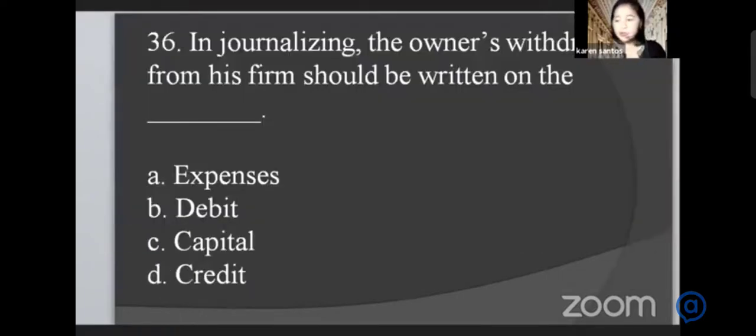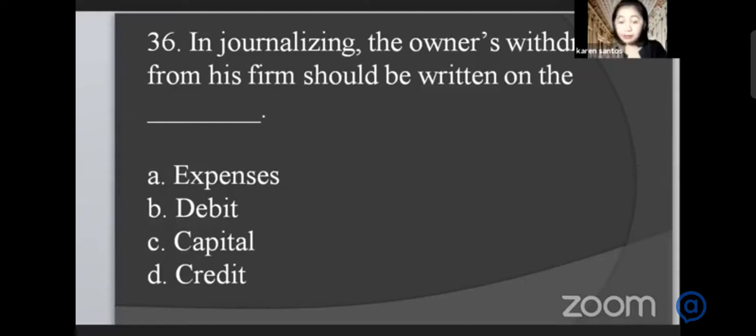Okay, next question. In journalizing, the owner's withdrawal from his firm should be written on the A. Expenses.